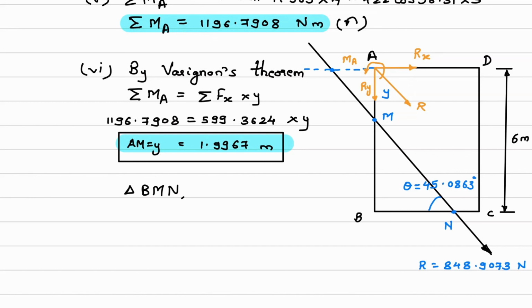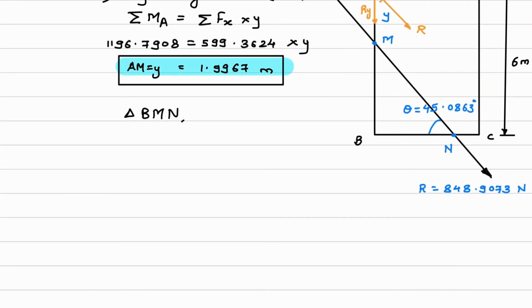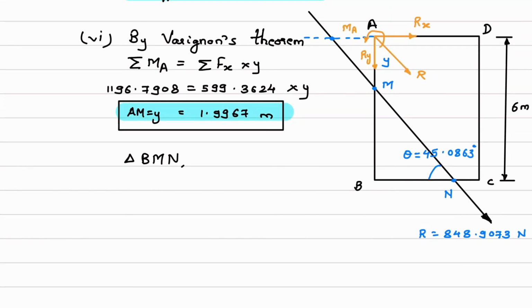In that triangle, BM will be the total height, which is 6, minus AM, which we have calculated. So BM is equal to 6 minus AM, and AM is 1.9967. So BM is equal to 4.0033 meter.